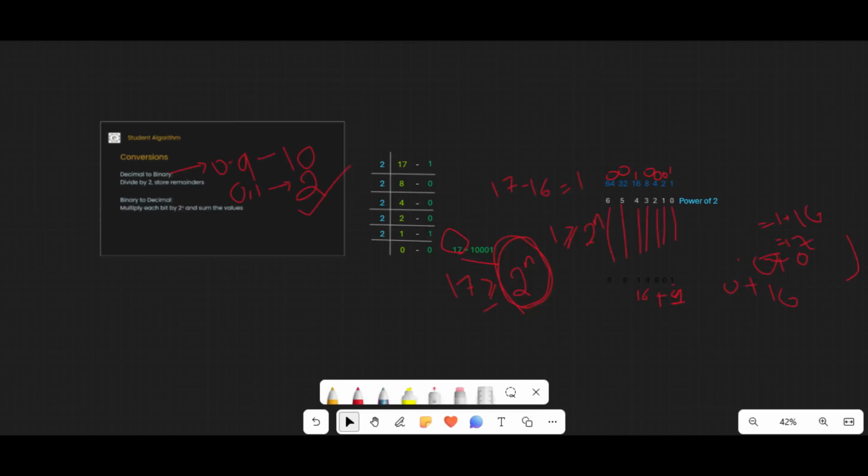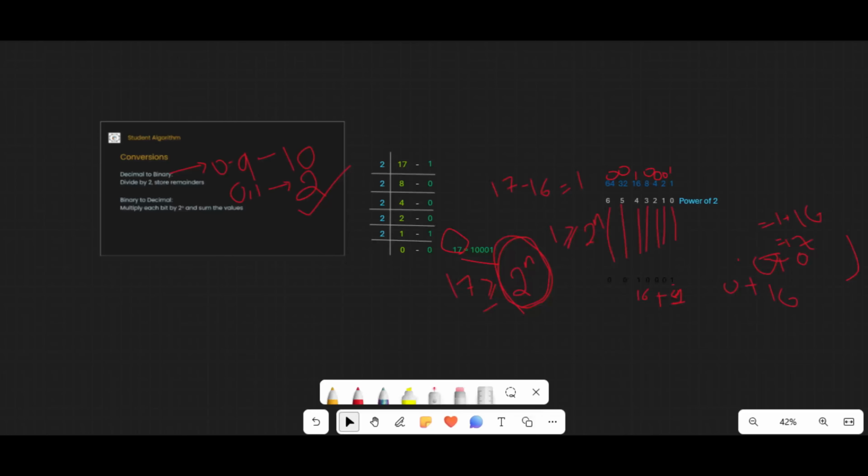We have powers 0, 1, 2, 3, 4, and then 5, 6. Wherever you have 1, like you have 1 over here and 1 over here, you need to multiply it with the power of 2.